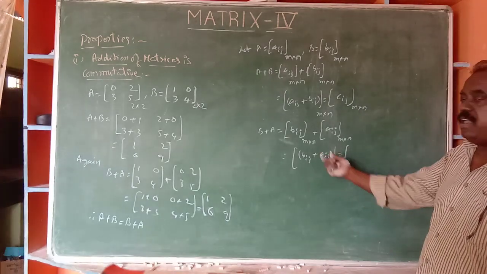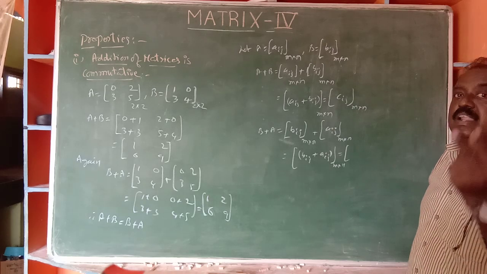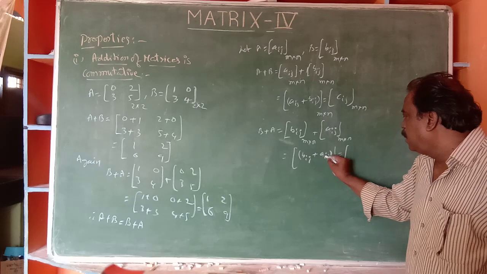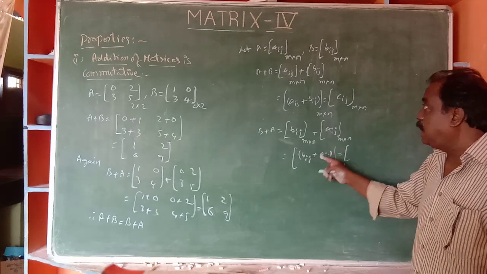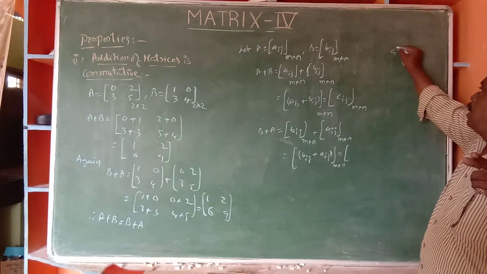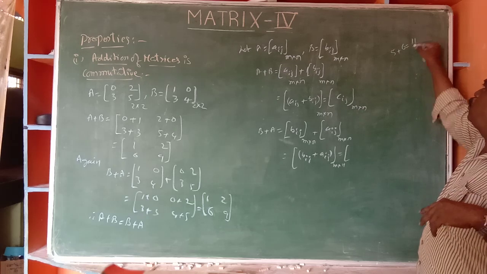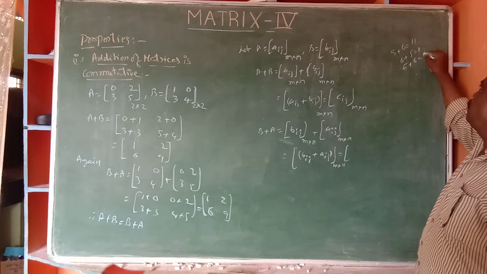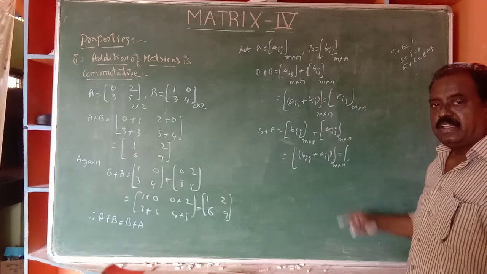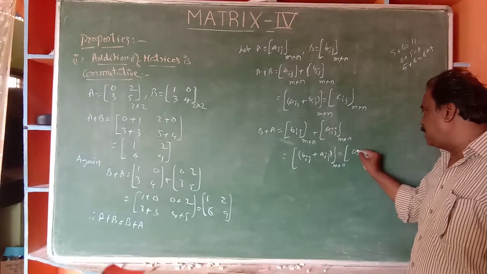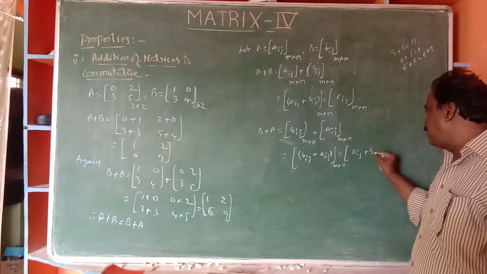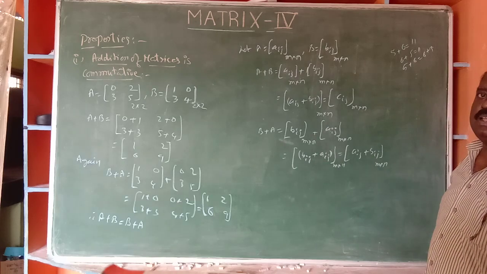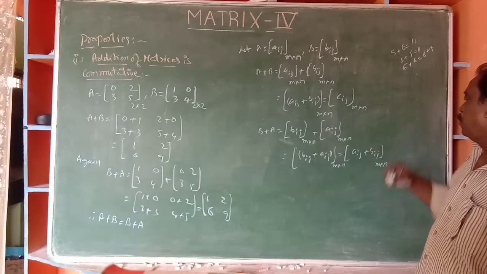Here is the main concept. Aij, Bij are numbers, elements, real numbers. I already gave an example: 5 plus 6 is equal to 11, 6 plus 5 is equal to 11. So 5 plus 6 is nothing but 6 plus 5. Like this, this can be written as Aij plus Bij. You agree? Because real numbers follow the commutative law.